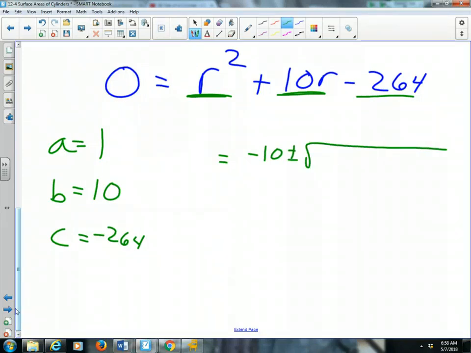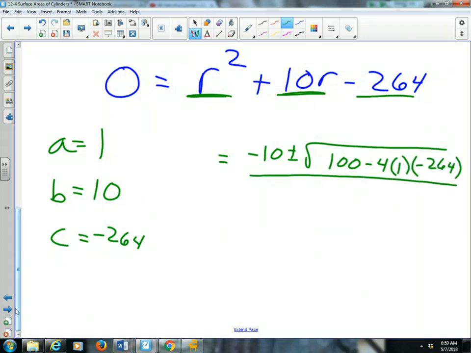A negative 10 squared is a positive 100, minus 4 times a, which is 1, times c, which is negative 264, all over 2 times a, and 2 times 1 is 2. So now we're going to slowly simplify this radical.